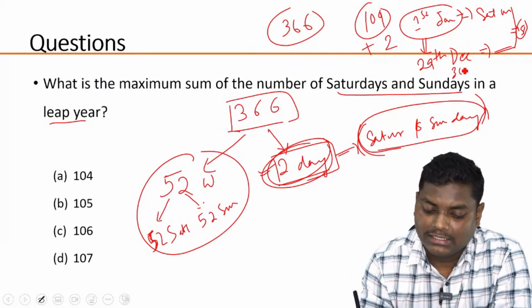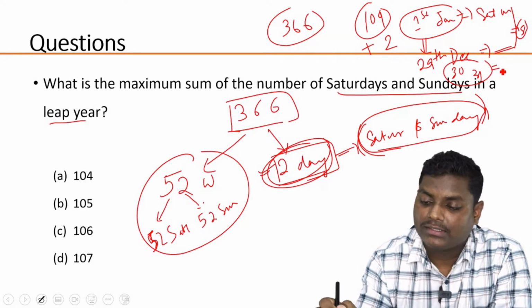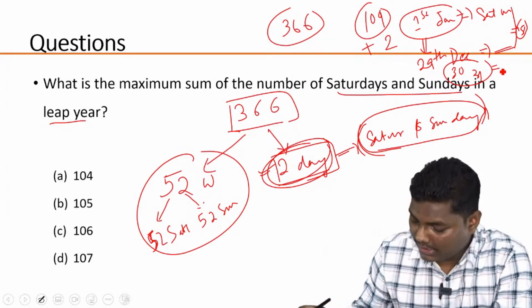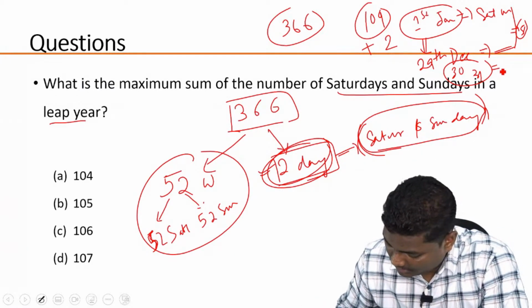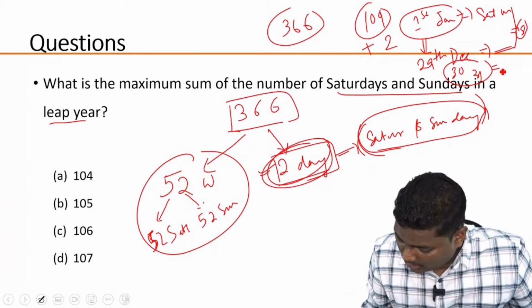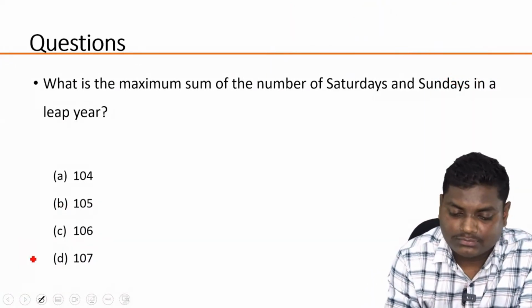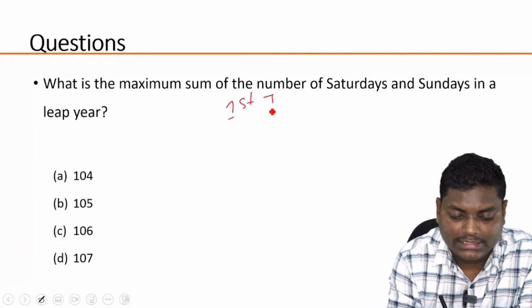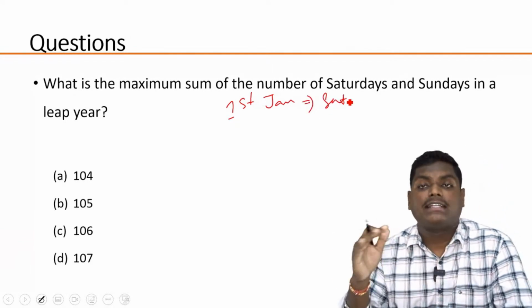So this 30th and 31st, you can again have this. Okay, Venkatesh. Okay, Anupam, I'll explain again. See this. First of all, let's start with 1st Jan. I'm just giving you an idea. Let's start with Saturday, since we want maximum Saturdays and Sundays.